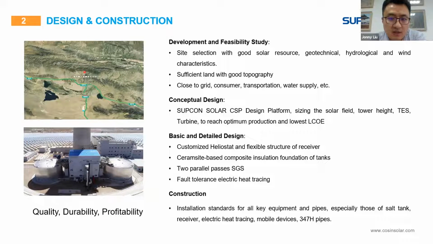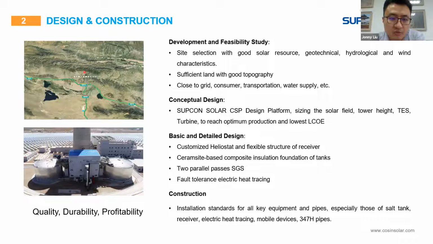And for the tanks, it's also creative, and we use a ceramicite-based composite insulation foundation for the tanks to reduce the thermal loss, and also have enough support for the tanks. And for the SGS, it's also a very new design.